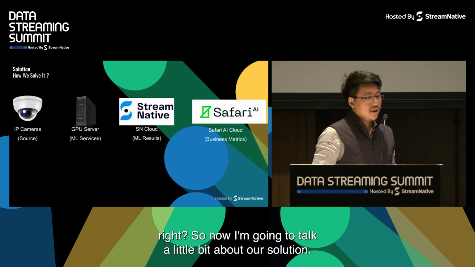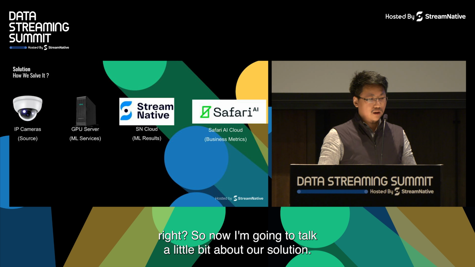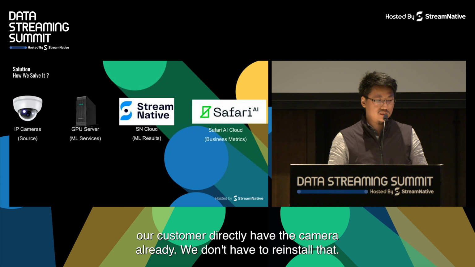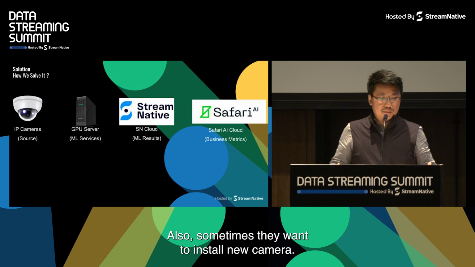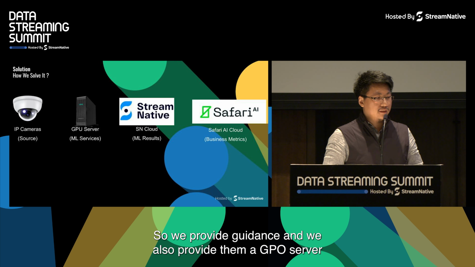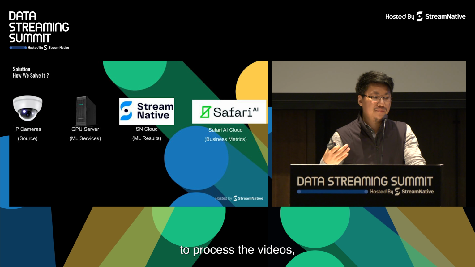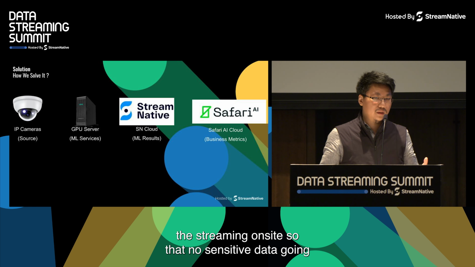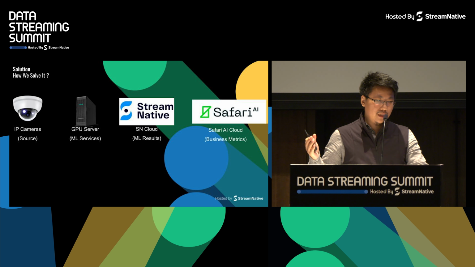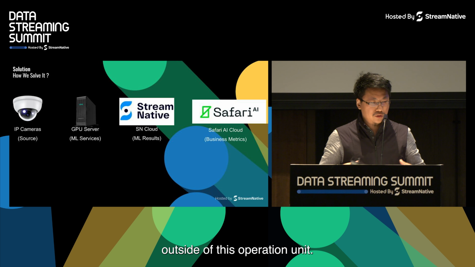All right, so now I'm going to talk a little bit about our solution. There are 4 main components. Camera: most of the time, our customer directly has the camera already. We don't have to reinstall that. Sometimes they want to install a new camera, so we provide them guidance. We also provide them a GPU server to process the video streaming on site, so that no sensitive data goes outside of this operation unit.